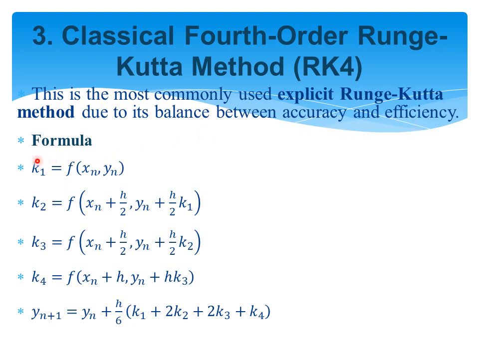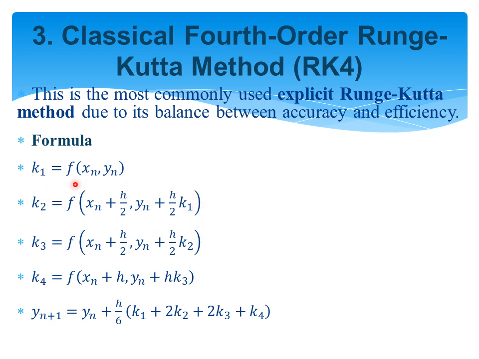Now the formula we will start. k1 = f(xn, yn). k2 = f(xn + h/2, yn + h/2 k1).